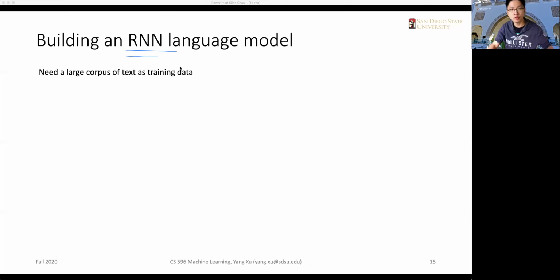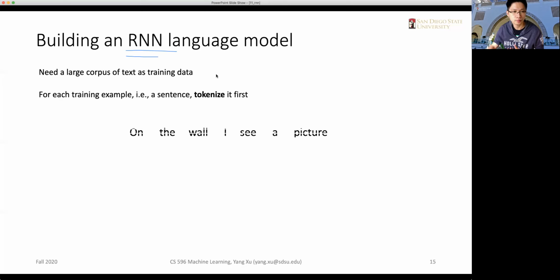First, we need to collect a large body of corpus data, textual data, to train the model. For each training example, it's a sentence, and we need to tokenize it first. That means we need to extract all the words from a sentence. So: on the wall, I see a picture, then we tokenize everything, right?